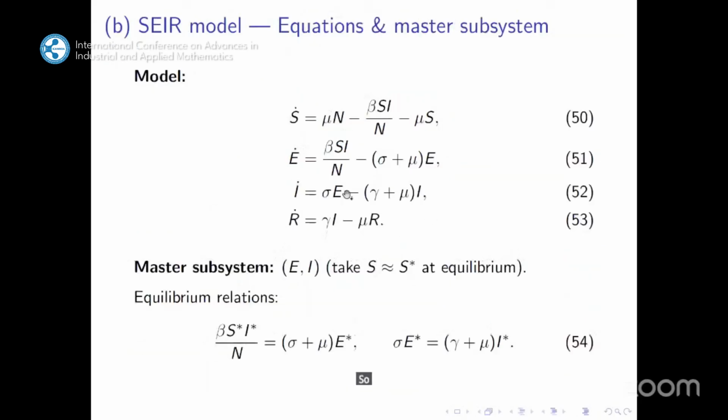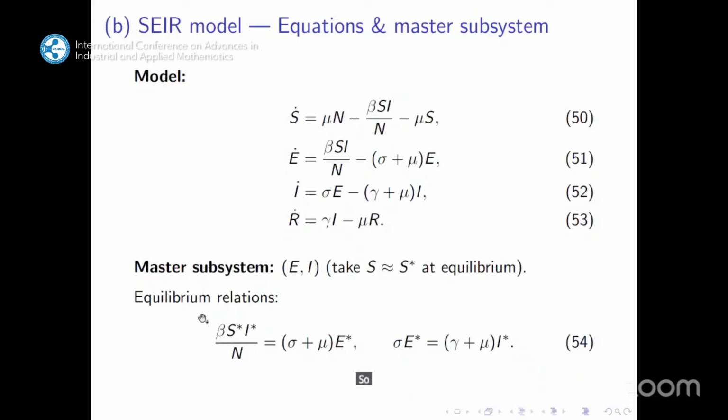The same applies if we have a system of this form, the SEIR, which is susceptible, exposed, infected, and recovered. So if you have 4 compartments, here your master subsystem will be E, the exposed, and the infected group.